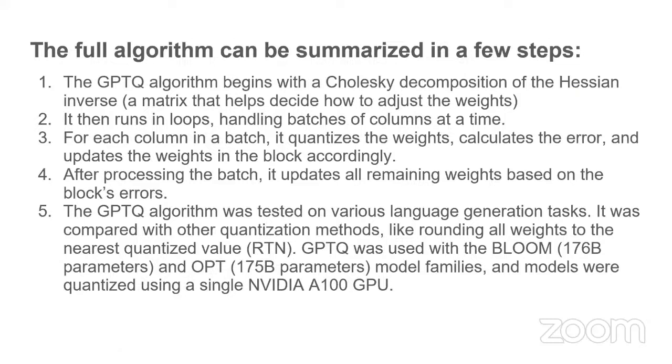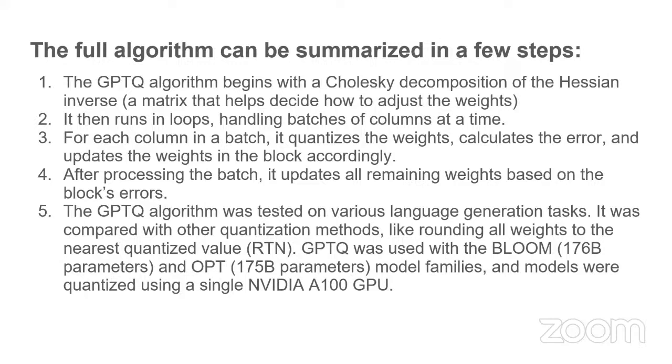Then these are some of the steps. The full algorithm can be summarized in a few steps. First, the GPTQ algorithm begins with the Cholesky decomposition of the Hessian inverse, a matrix that helps decide how to adjust the weights.